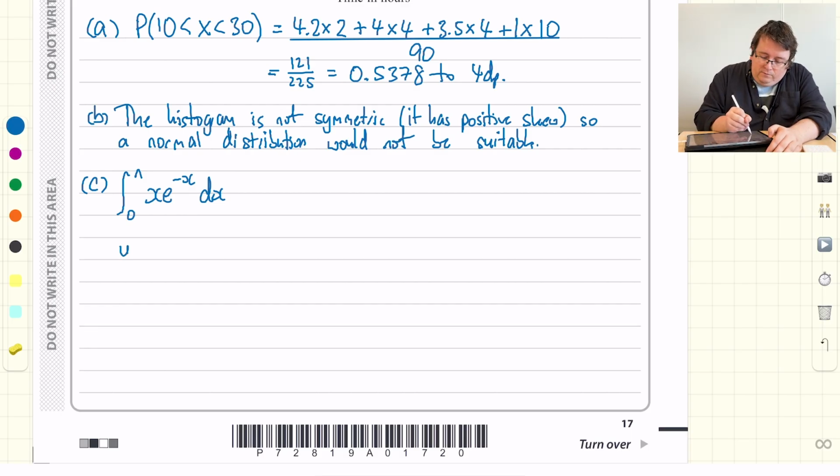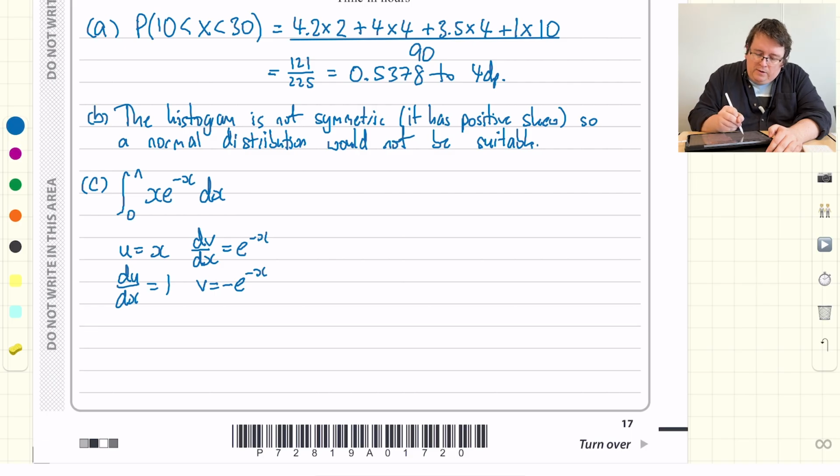So the u is going to be x, dv by dx is e to the minus x, so du by dx is 1, and v is minus e to the minus x, integrating the dv by dx. So we go u times v, so that's going to be minus x e to the minus x, the value between 0 and n, take away the integral between 0 and n of v du by dx.